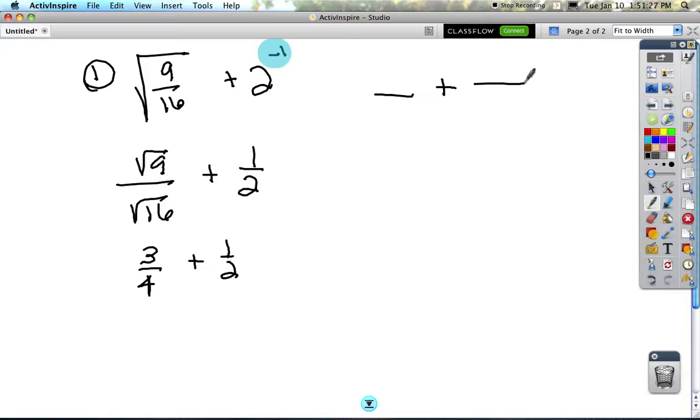What will my common denominator be? 4. So this term already has a 4, so that doesn't change. That's going to change to 2/4. So what's my final answer? 5 over 4. Now, I had questions last period about should I change that to a decimal? Unless they tell you to, I wouldn't do any more work that might cause me to make a mistake.